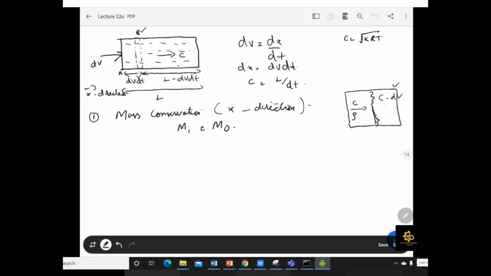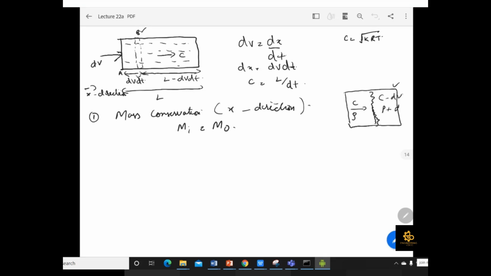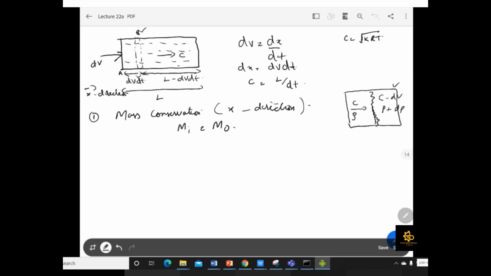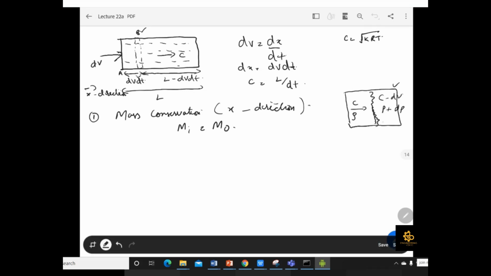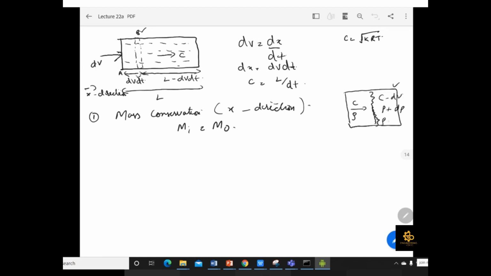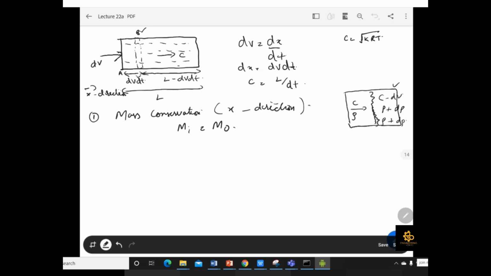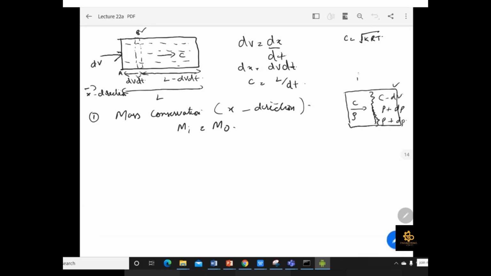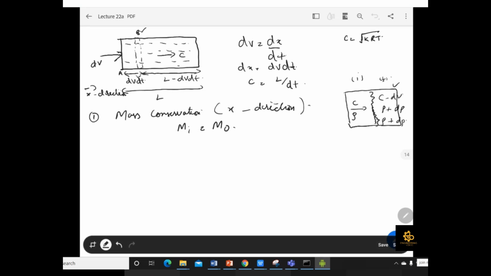Now after compression, the pressure becomes P plus dP, because there is an increase in pressure, and the density also changes, because here we are talking about compressible flow. So after compression it becomes rho plus d rho. This is my initial stage, and this is the final stage after compression.